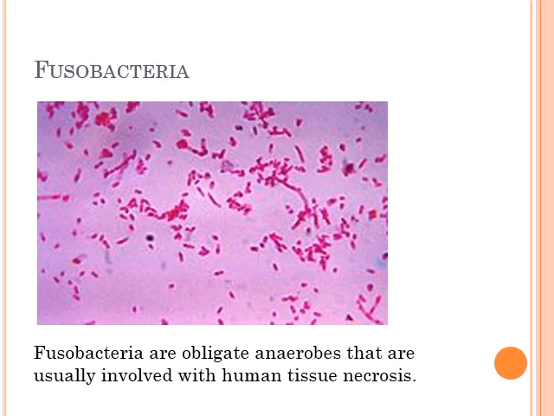Necessary. Anaerobes. What's anaerobic? Absence of oxygen. They're obligate anaerobes. They're usually involved with human tissue necrosis. Necrotizing fasciitis, flesh-eating bacteria, is a fusobacteria. In the presence of oxygen, it does not do well. So it kills the tissue around it, and when that tissue is killed, it does not transport oxygen to it.